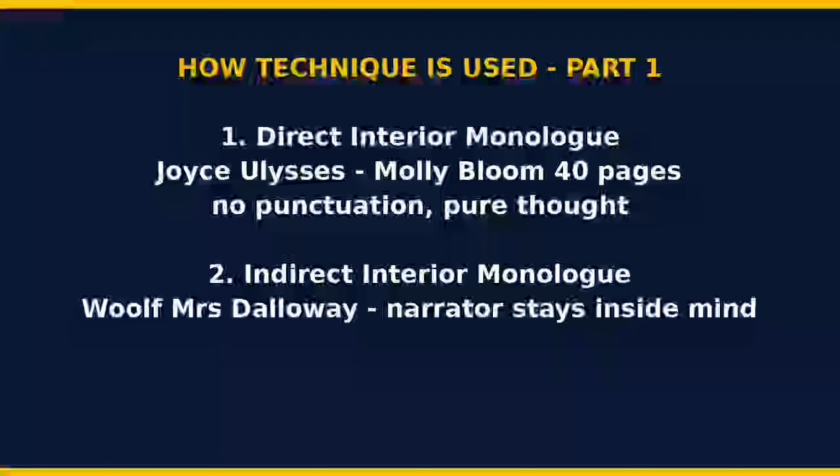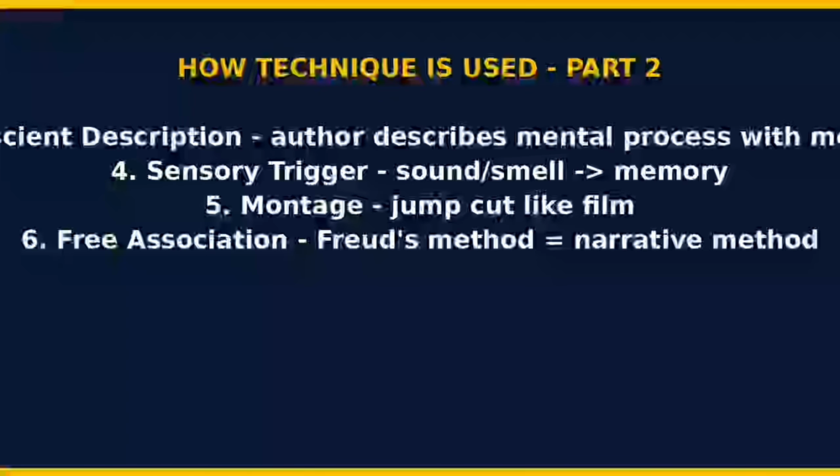Two is indirect interior monologue, where the third-person narrator stays but uses the character's language and idiom, like Virginia Woolf in Mrs. Dalloway: She had a perpetual sense, as she watched the taxi cabs, of being out, far out to sea. Third, omniscient description of consciousness: the author describes mental processes with metaphor.